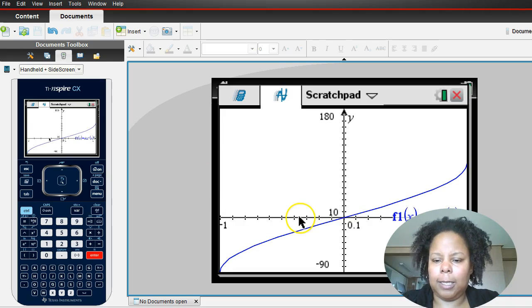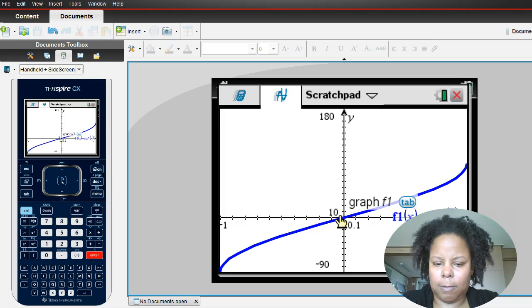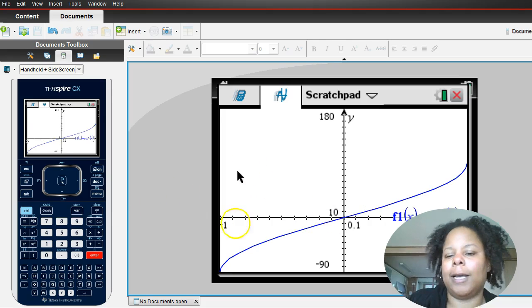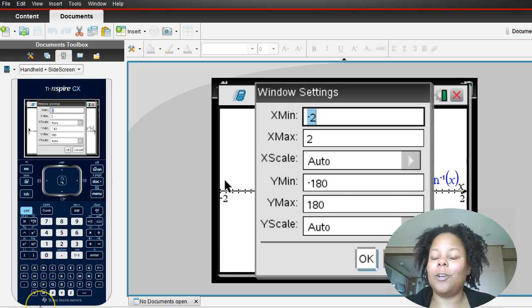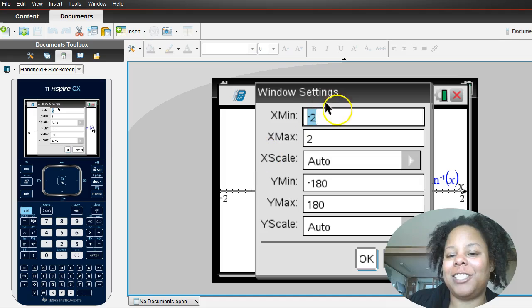Now, as you can see, okay, let me pause a second. I'm sorry, I didn't realize your calculator had made some improvements on this. So I actually changed the window from -1 to whatever to -2 to 2 for the x values, and the y values between -180 and 180.